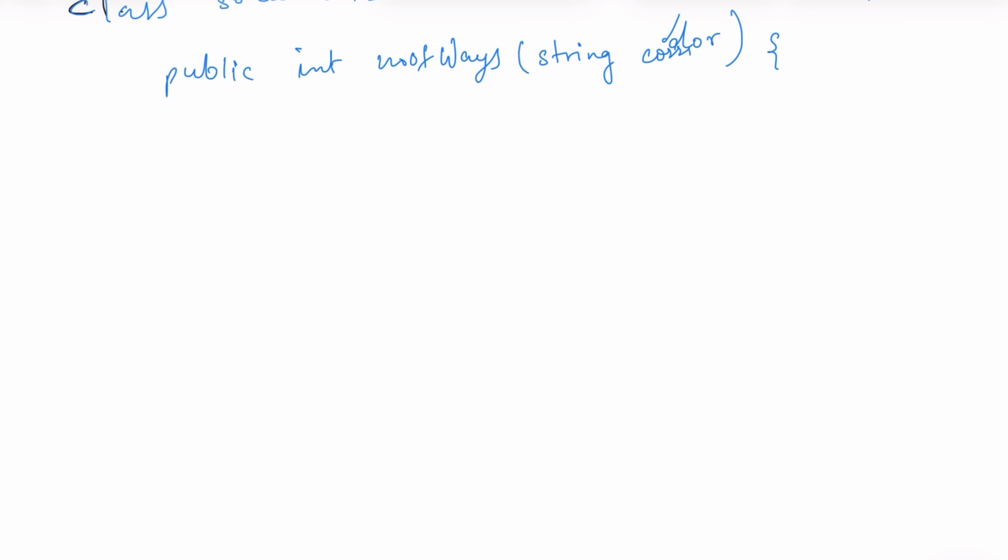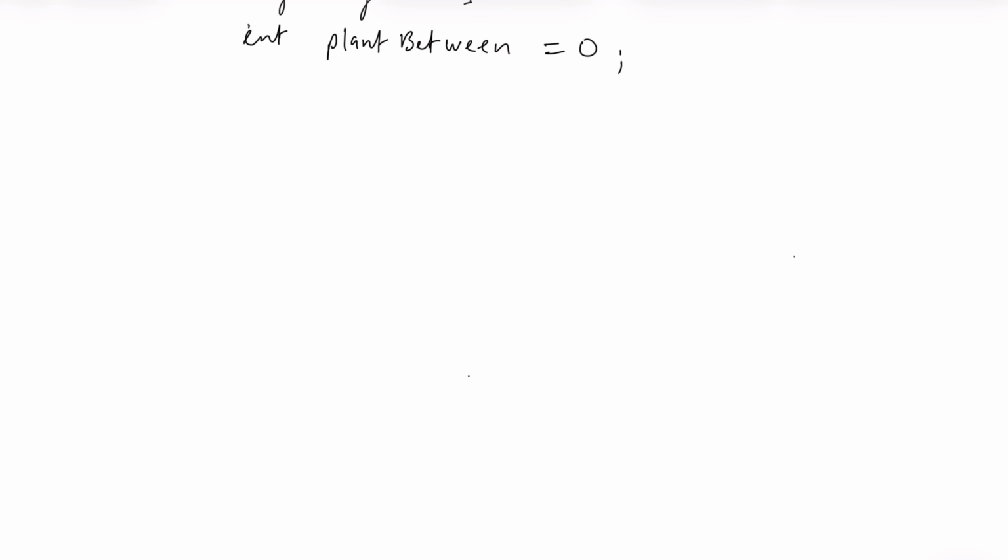Now let's come back here. I will make a for loop and get all the characters one by one. So I'll write char ch, a small char ch, in corridor dot toCharArray. Why do we use toCharArray?